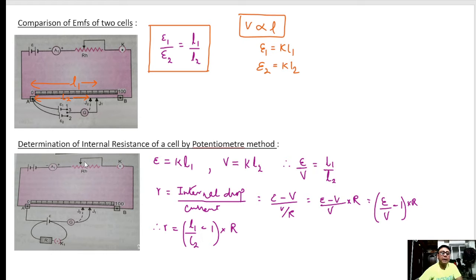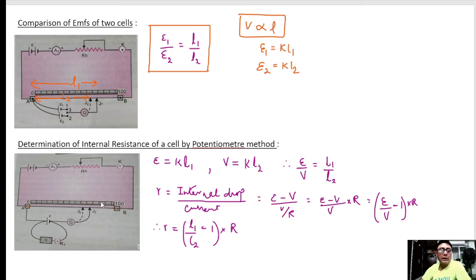Now how to determine the internal resistance of a cell using a potentiometer wire? So see, this is the potentiometer wire AB of 100 centimeter length.